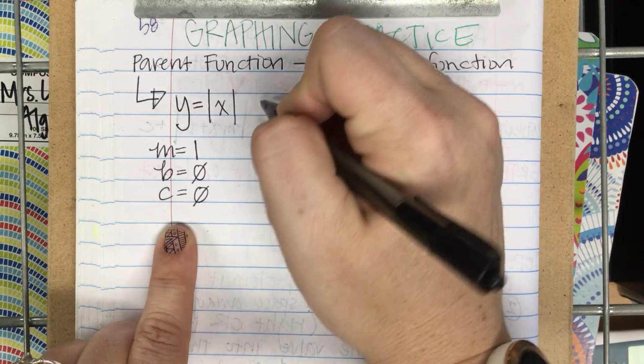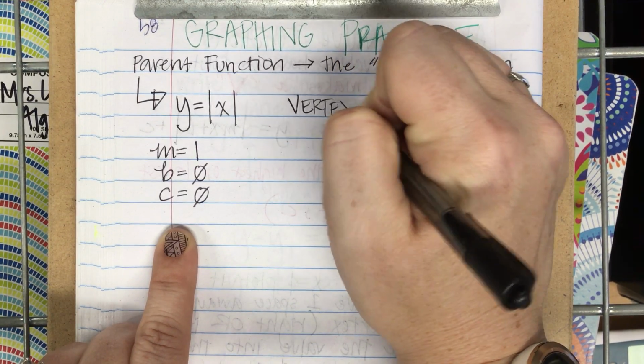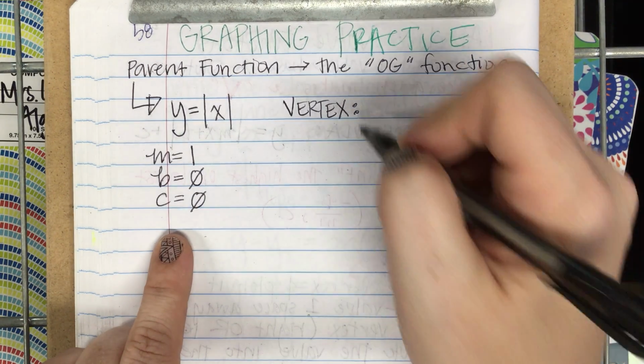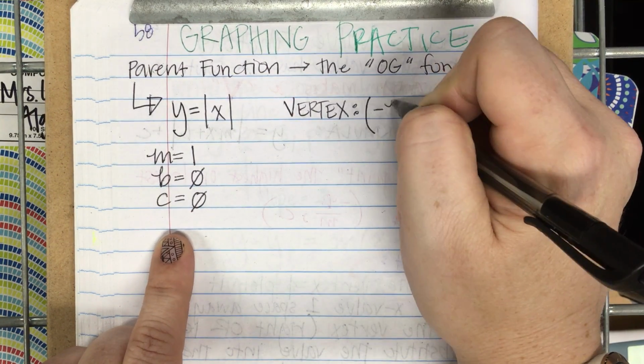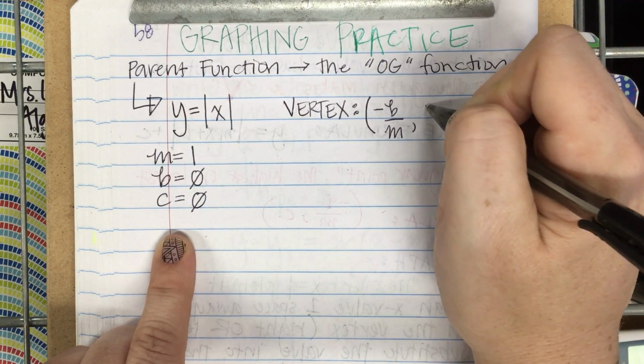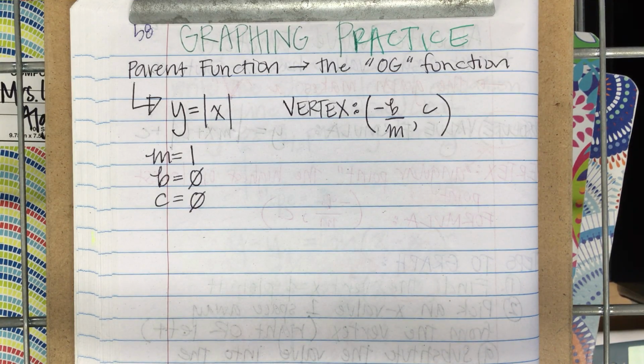So let's find the vertex. My vertex formula, negative b over m, comma, c. Negative b over m is my x value.